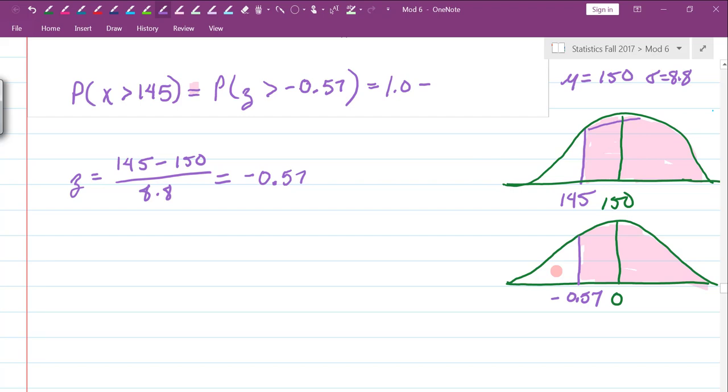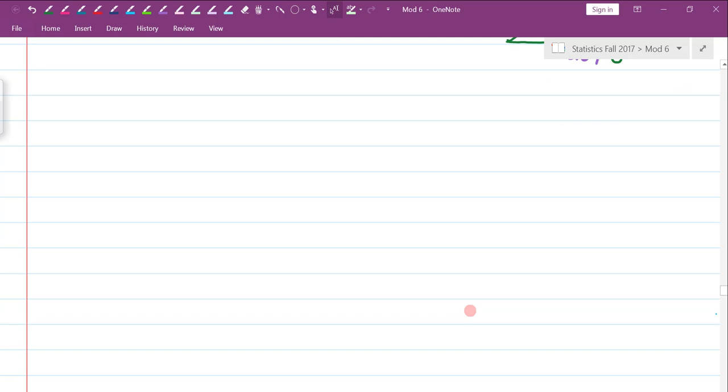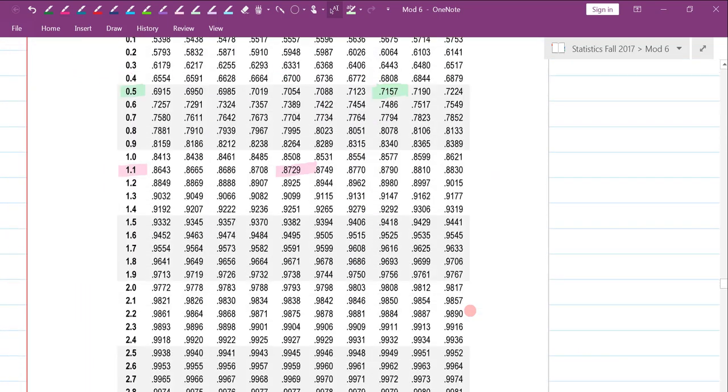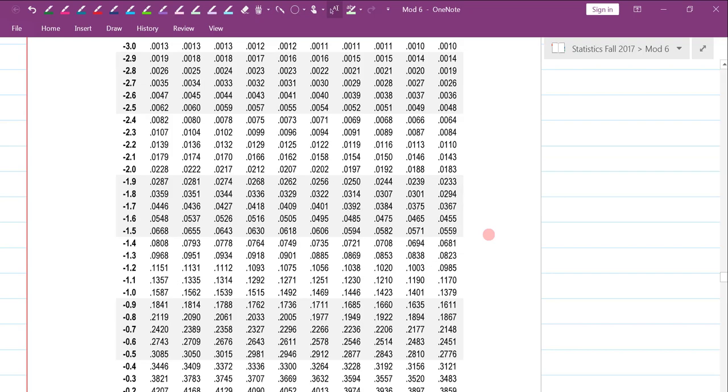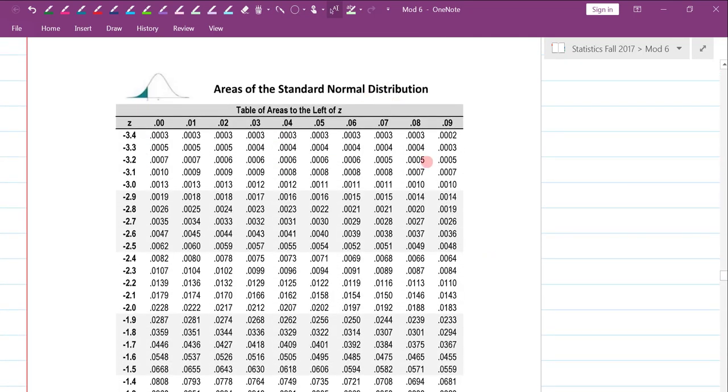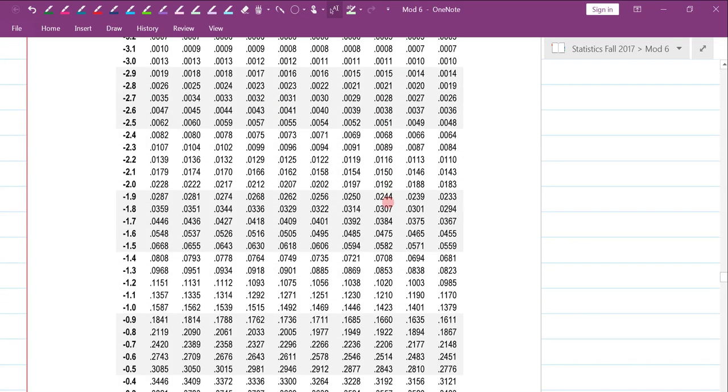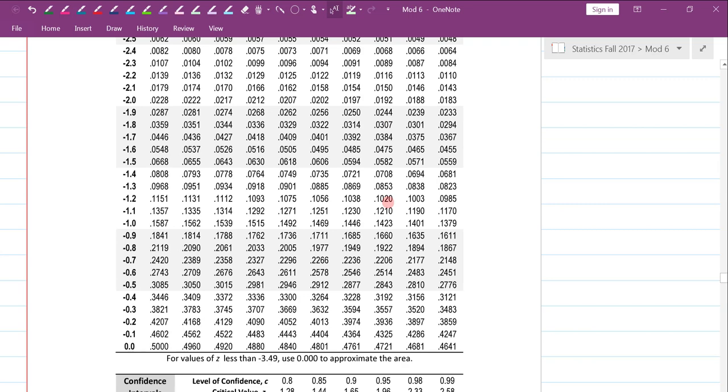So let's go look at a negative 0.57. Oops, I have to go up. So negative 0.57. Our third to the last row here is the 0.7. So let's come in here, 0.5, and then 1, 2, 3. So this would be our column, and it's 0.2843.